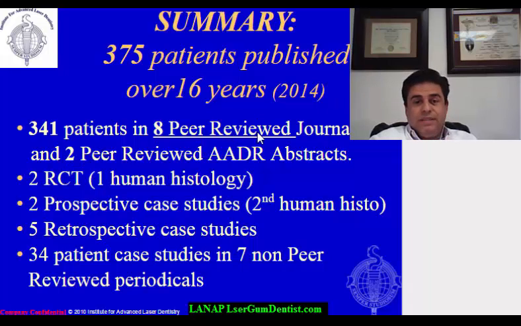So 341 patients in 8 peer-reviewed journals and 2 peer-reviewed AADR abstracts, 2 RCT, 1 human histology, 2 prospective case studies, 2nd human histology, 5 retrospective case studies, 34 patient case studies, and 7 non-peer-reviewed periodicals.